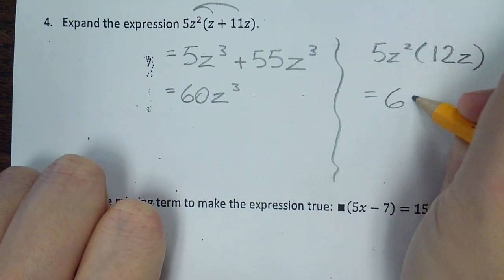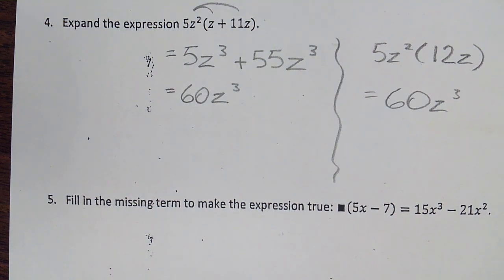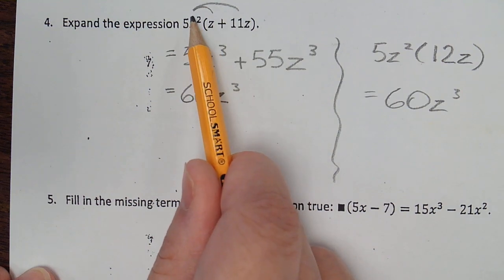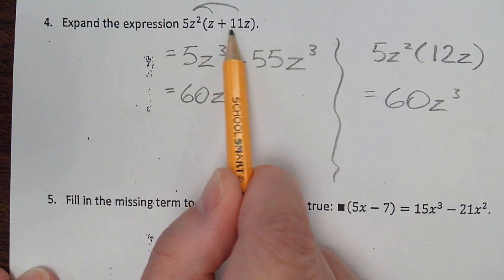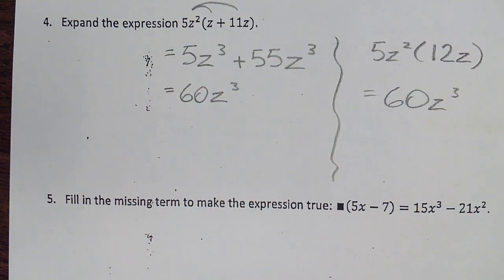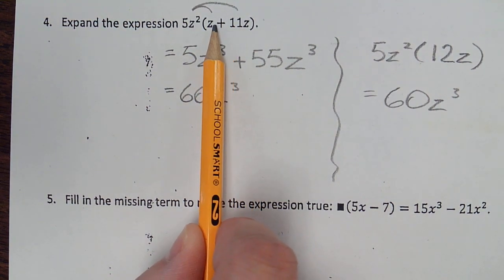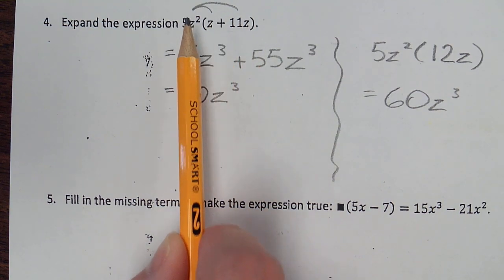And what do you get? 60z cubed. Yeah. So in this case, both ways work because you are multiplying to both terms. It's the same as simplifying the inside first and then multiplying. Both ways you get the same answer. But normally you want to follow BEDMAS first. So do the brackets first and then multiplication.